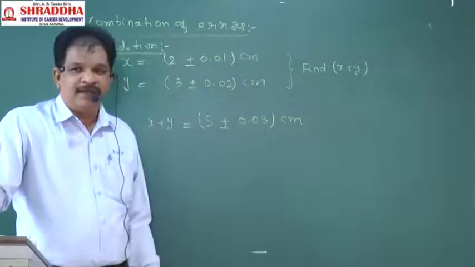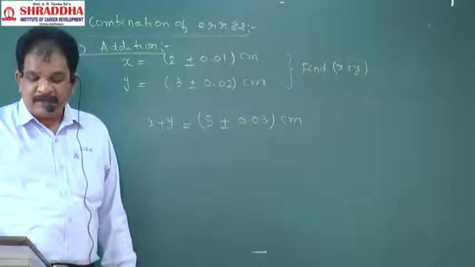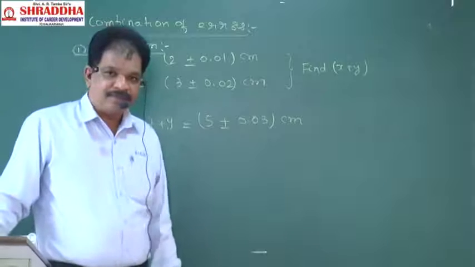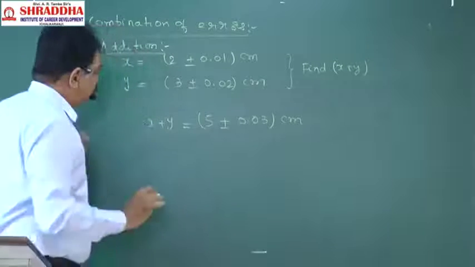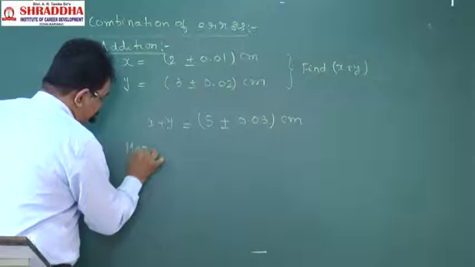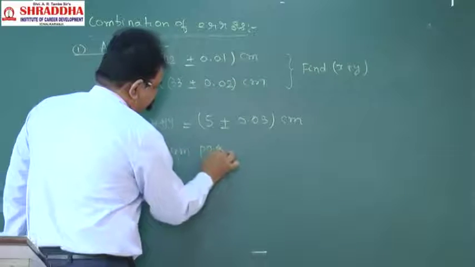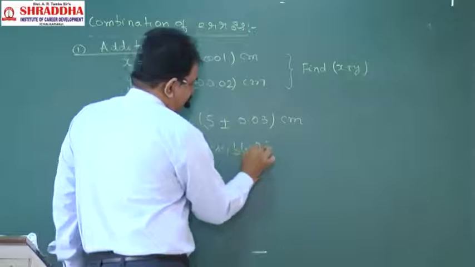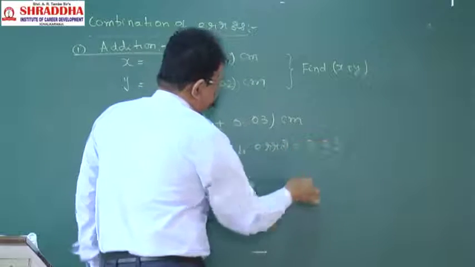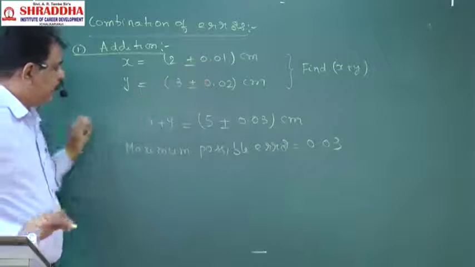Here they may ask what is the relative error, what is the percentage error. Like that questions will be there. So what is the maximum possible error? This one, 0.03. These two you have to add.